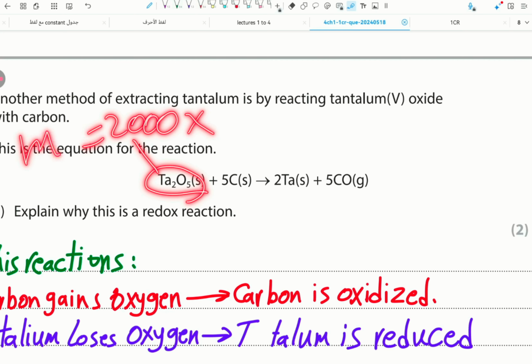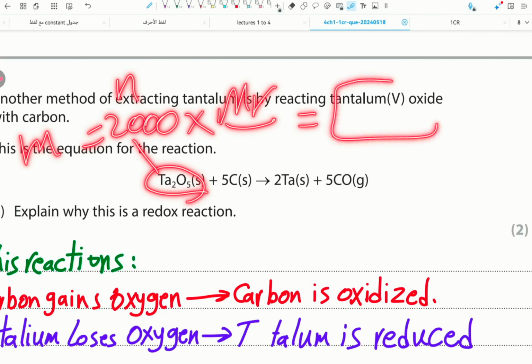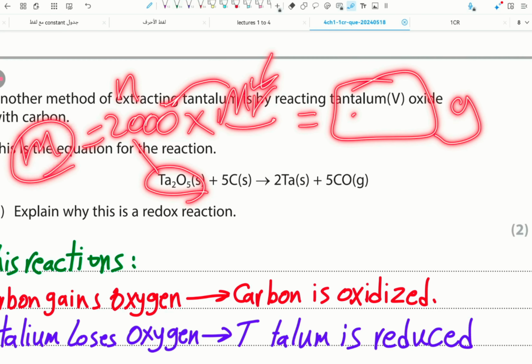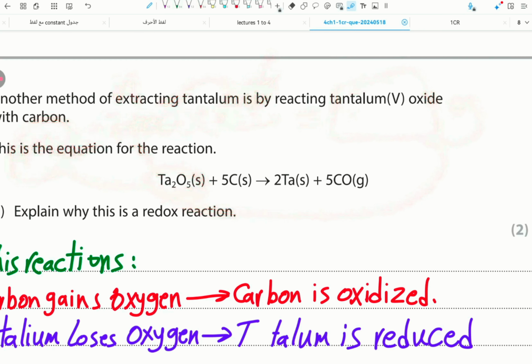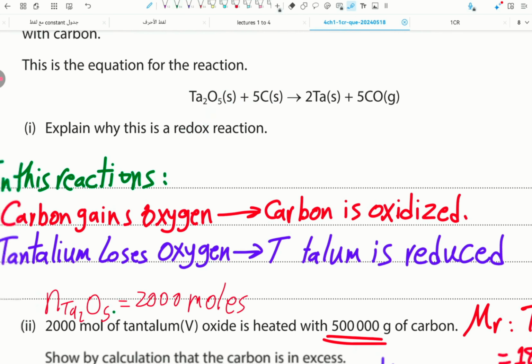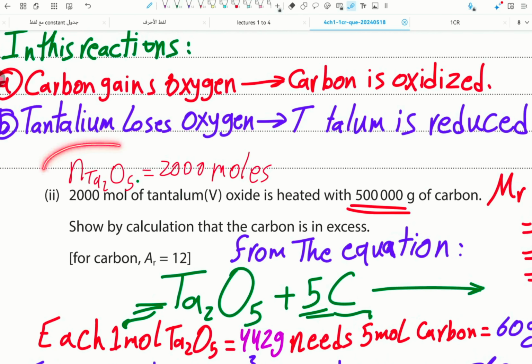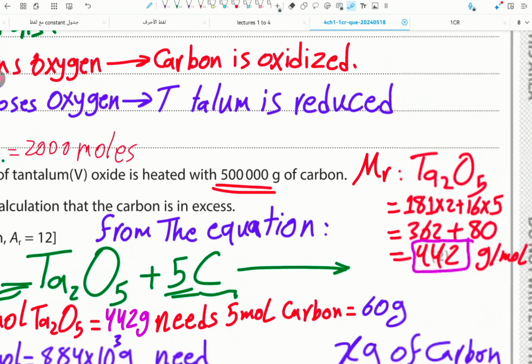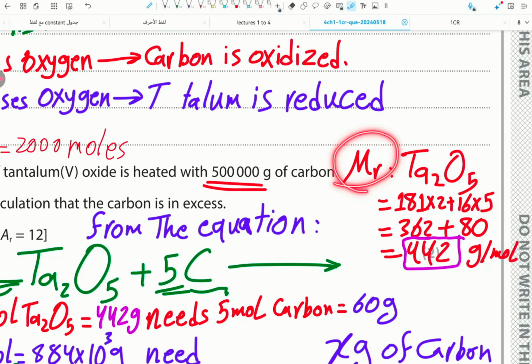Here the mass equals number of moles multiply MR. Let's see the MR. If we calculate the MR now, we multiply it with the number of moles so that we know what? The mass, here, the mass of what? Of tantalum oxide. We see how many grams of carbon we need for tantalum oxide. So, number of moles here of tantalum oxide, and now we need to see the MR.